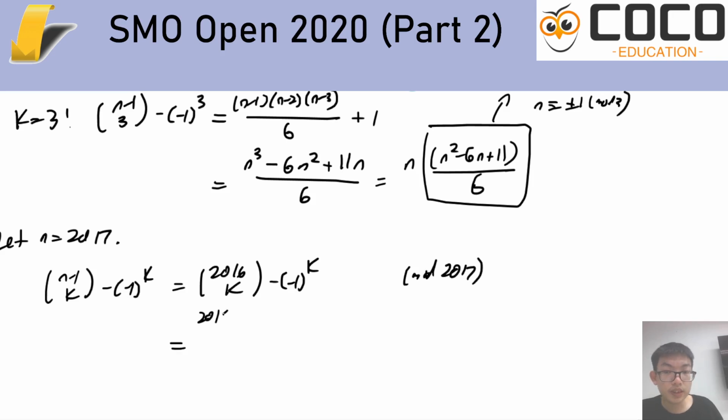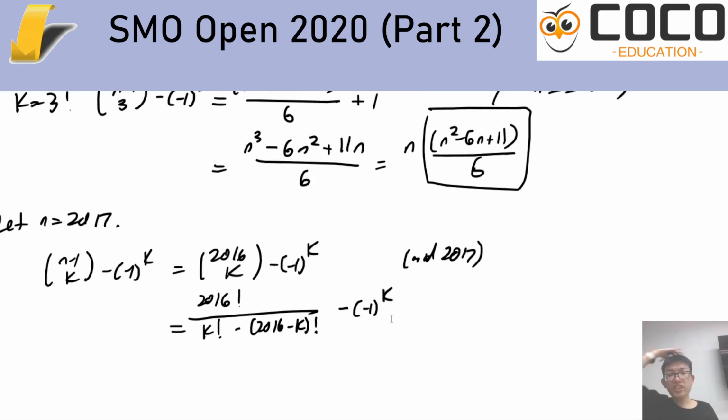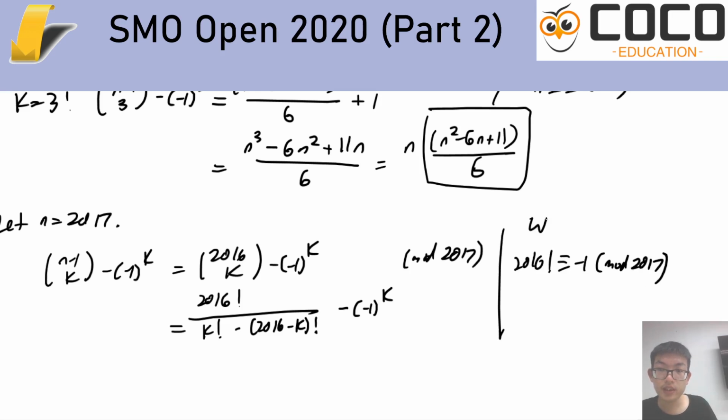So 2016 factorial over k factorial times 2016 minus k factorial. The interesting thing that I'm realizing is that for 2016 factorial, Wilson's theorem tells me this immediately.